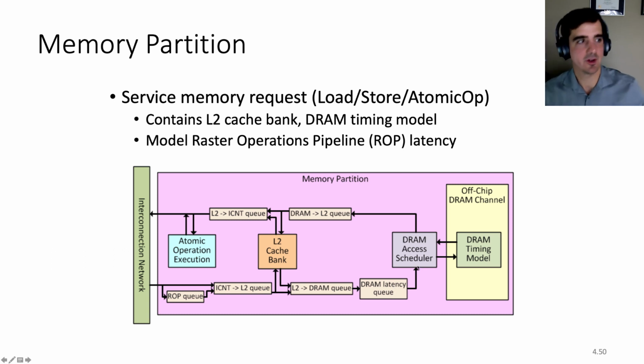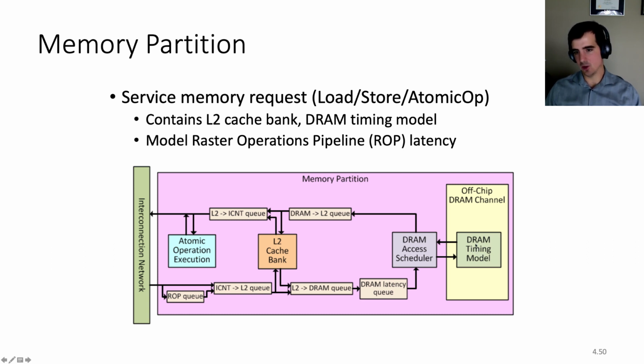And then after it goes through that initial latency overhead, there is a DRAM access scheduler, which could be used to do out of order memory accesses to try to maximize row buffer locality. The scheduler will decide what accesses go to DRAM next, which will go to the software timing model for the DRAM that's inside the simulator.